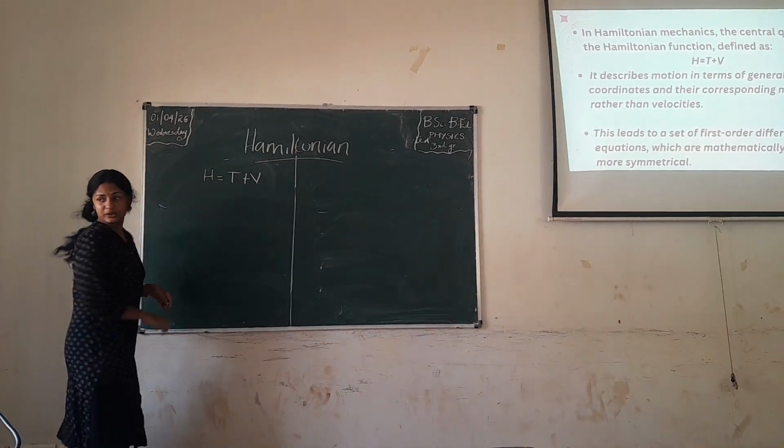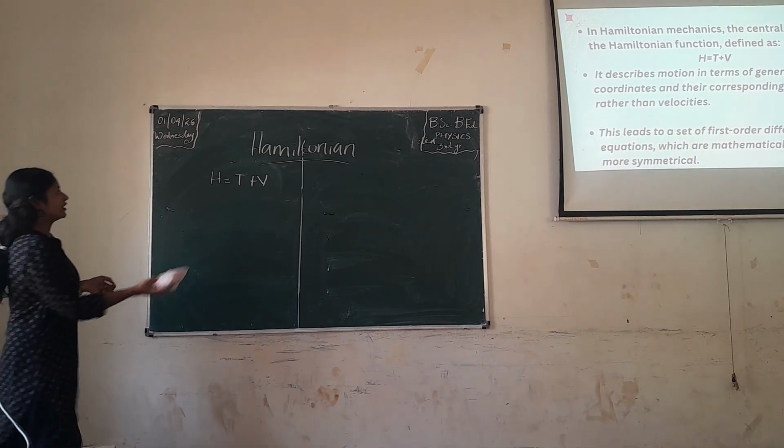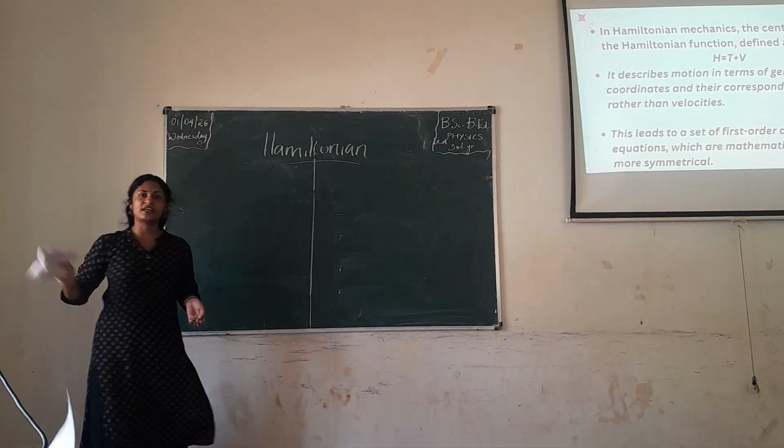So now we can move to the derivation. We can derive the Hamiltonian from the Lagrangian equation.